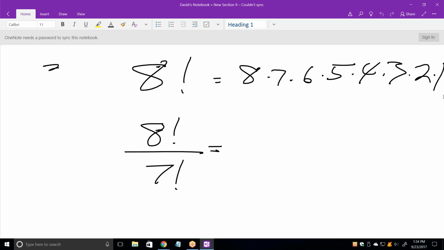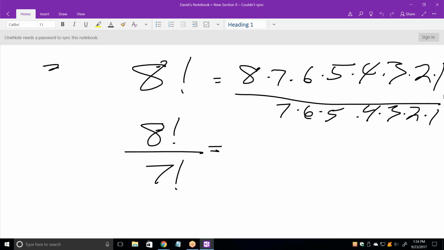I want you to understand this. What if I went up here? That's 8 factorial. Well, 7 factorial is this. Is it 8? Yeah. In other words, that part cancels with that part. So you're left with 8.